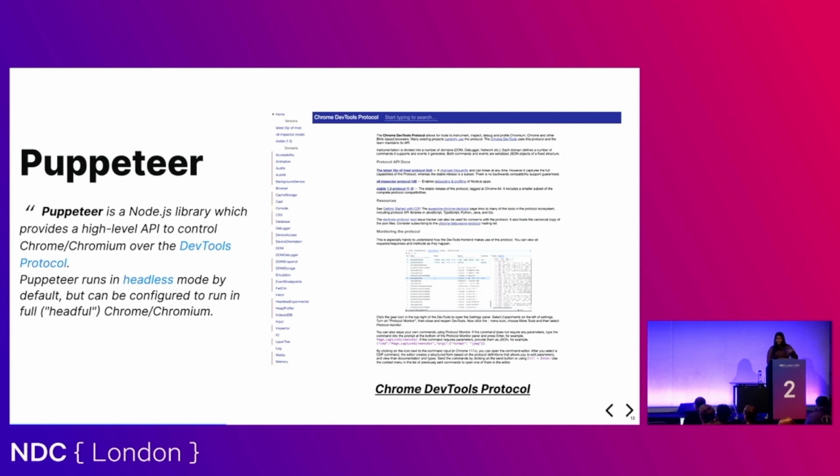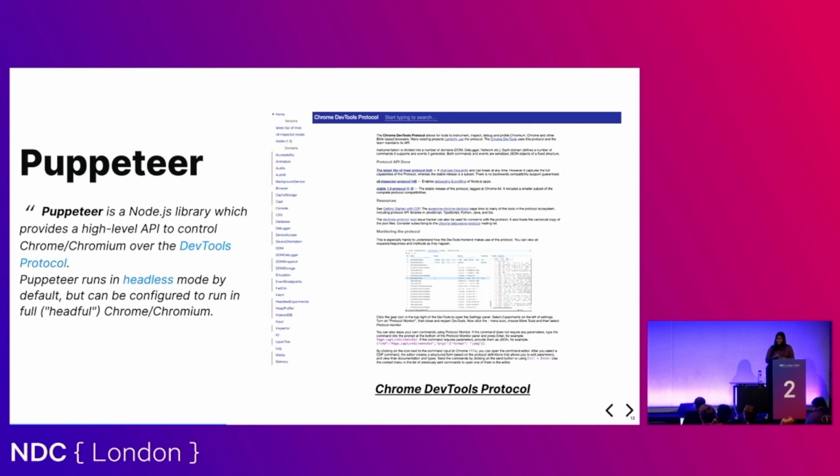How many of you here are familiar with Puppeteer? That's good. So if you're trying to do anything around browser automation, you possibly would have used this tool or possibly heard about it. So Puppeteer is a Node.js library that provides an abstraction of the Chrome DevTools to allow you to instrument different tasks.